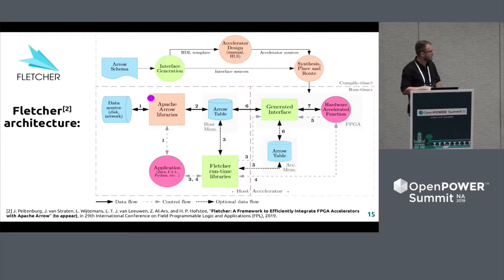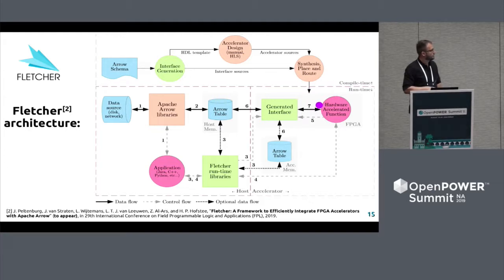So during runtime, all you have to do is use the Apache Arrow libraries. As soon as you load the data from whatever source, maybe disk or over the network, through the Apache Arrow libraries, you store it in the memory in that format. So now it's an Arrow table here. And then we've fully automated transfer of that Arrow table to the FPGA, and all you have to do is give a table index, and the data streams roll out, right? And they roll out fast.